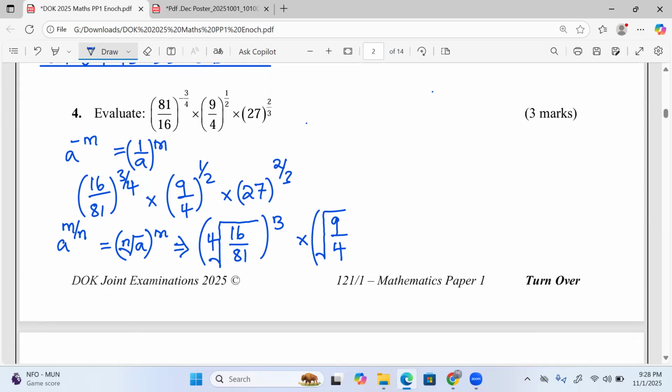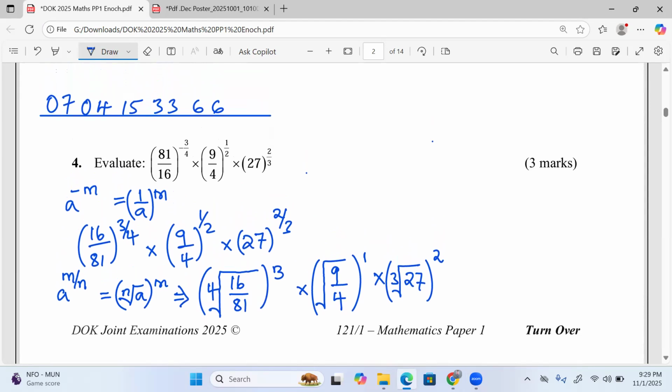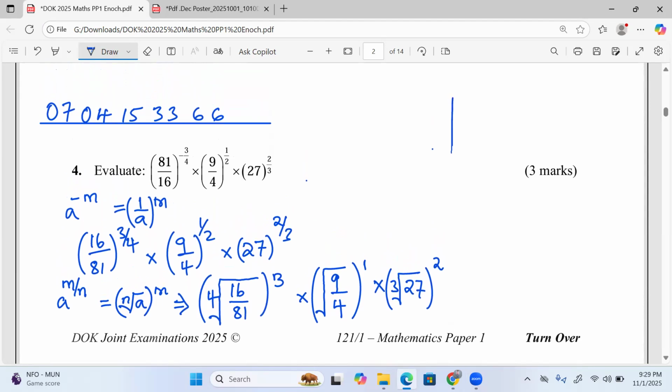Then everything to power 1 multiplied by the third root or cube root of 27. Then now we raise it to power 2. Look at that. So when we apply now that law in all the terms, we shall have the question simplified.